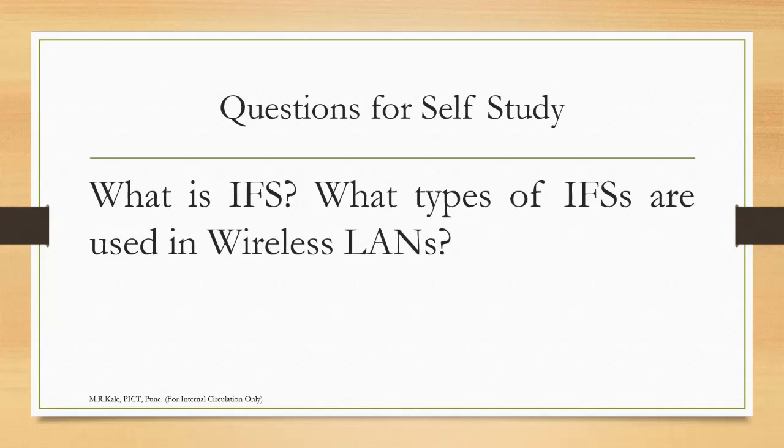If it is found to be busy, then stations wait for some time and then try again. There are three methods of CSMA: one persistent, P persistent, and non-persistent. Any one of these three methods can be selected and used to sense the channel and send the data on the channel.